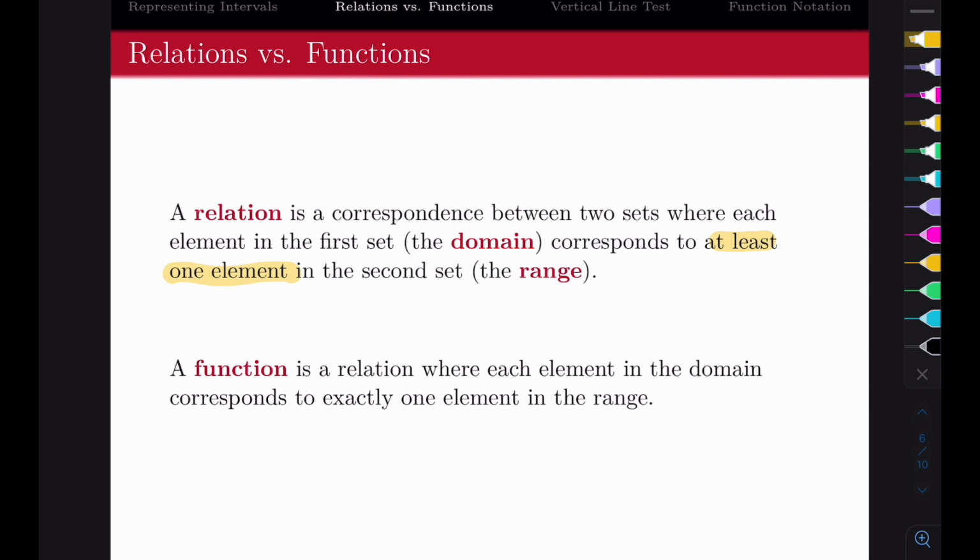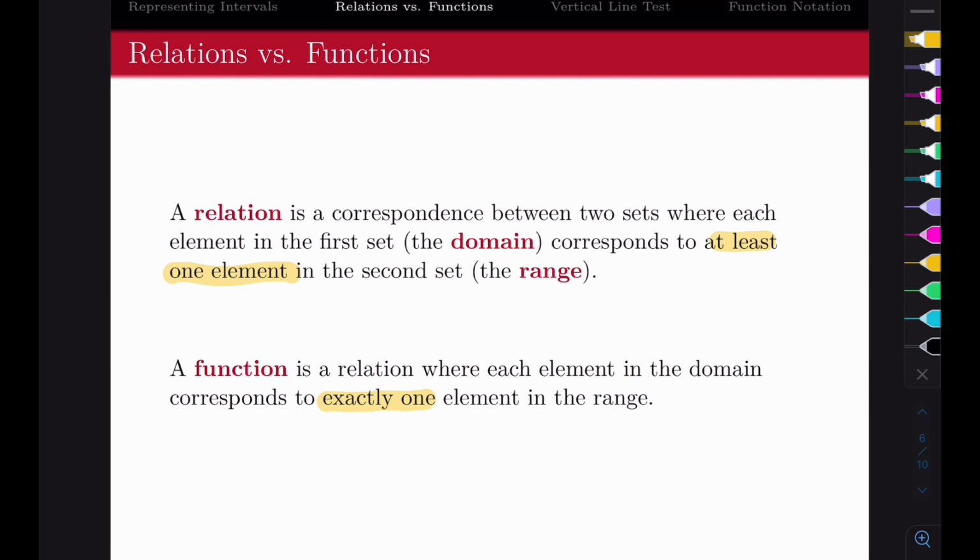A function is much more specific. So if I take something in my first set, the domain, it corresponds to exactly one element in the range. So I can't have an input with multiple outputs. So what you can kind of think of is if we took the student body at Polk, we could define a couple different relations between them.